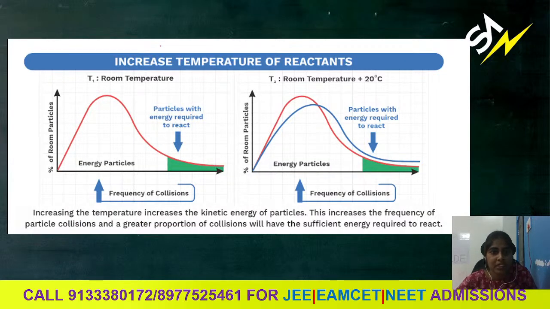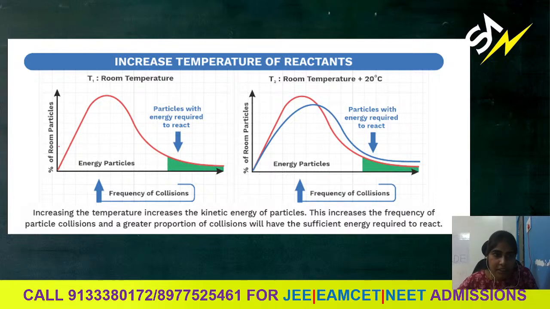And one more important factor: increasing the temperature of reactants. If the temperature of the reactants increases, there will be more collisions between the reactant molecules, so the rate of reaction is also very high.